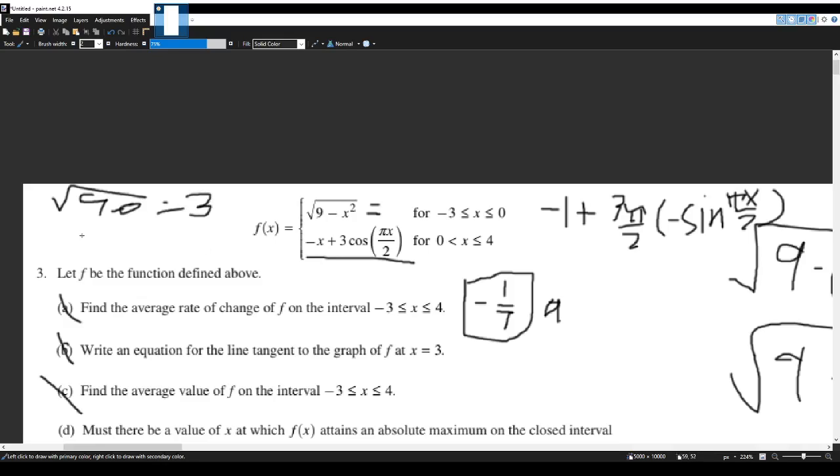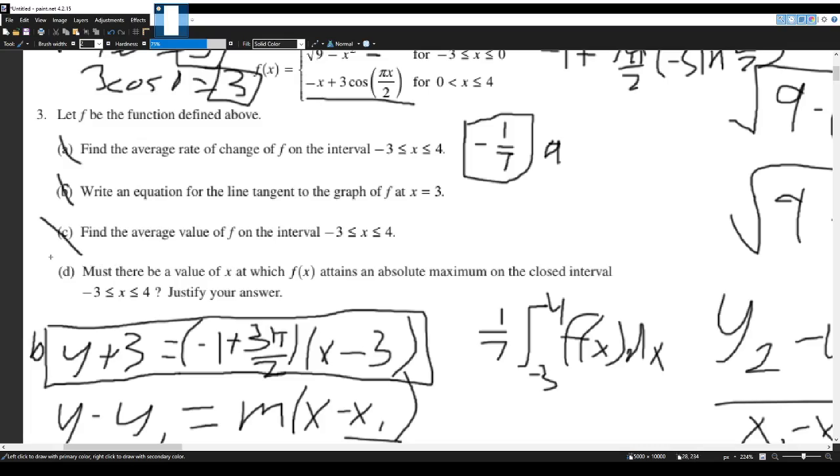And then the other one is 0 plus 3 cosine 0. Cosine 0 is 1, so that equals 3 as well. So it looks like we're good, because it's continuous.